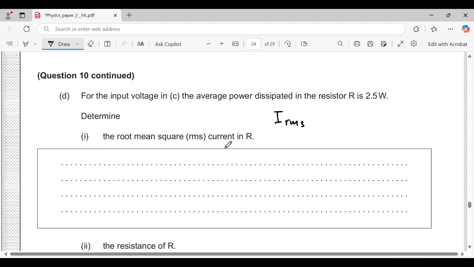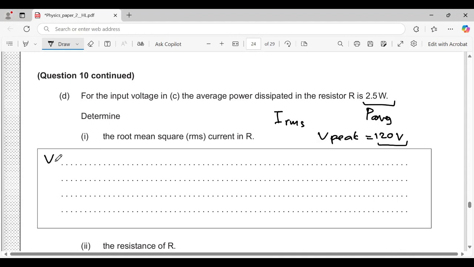For P average, the power average is this one. And the peak voltage, or V peak, is 120 volts. This is from the secondary, the potential difference on secondary, volts on secondary.